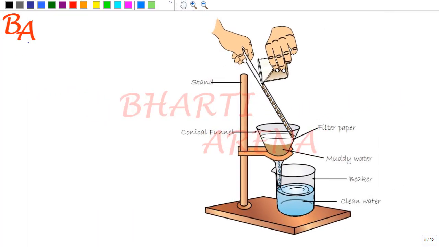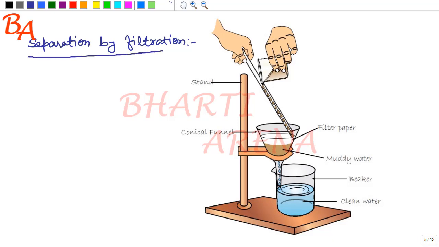Next method is separation by filtration. In this technique, a filter paper is used, and that filter paper is actually wrapped in this funnel.